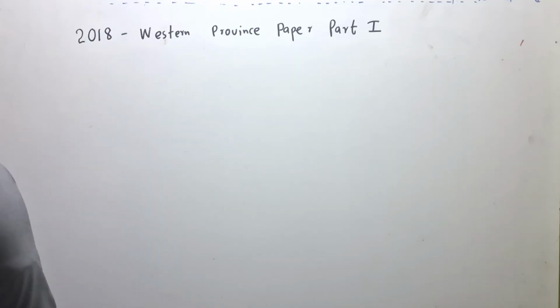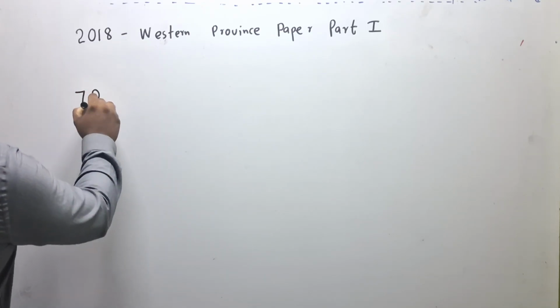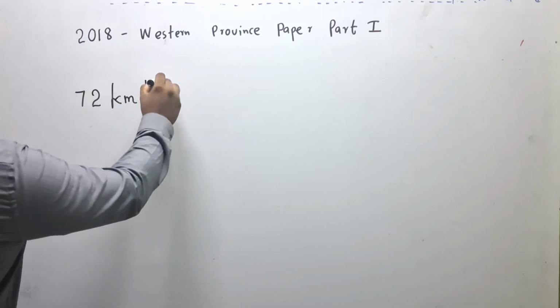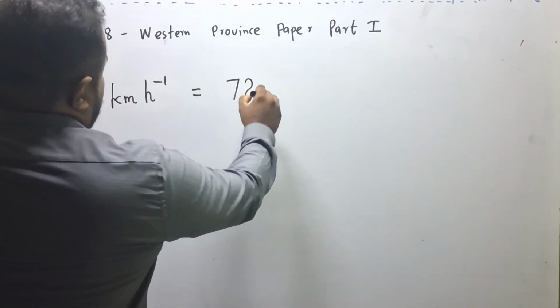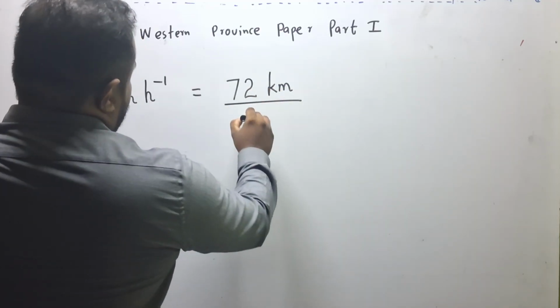How many kilometers does a train travel in 15 minutes if it is traveling at a uniform speed of 72 kilometers per hour? 72 kilometers per hour means 72 kilometers traveled in 1 hour.